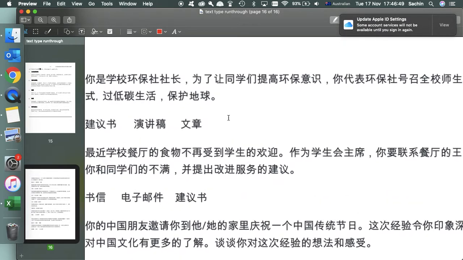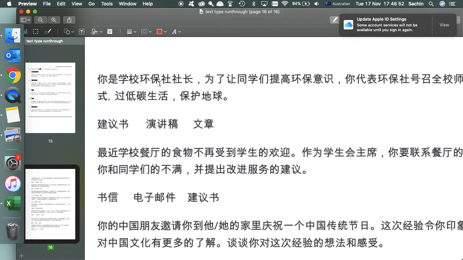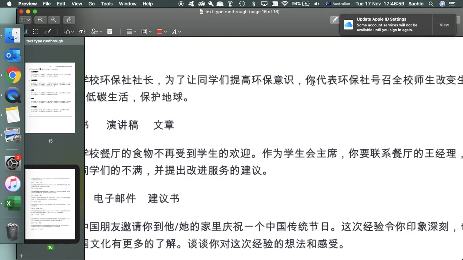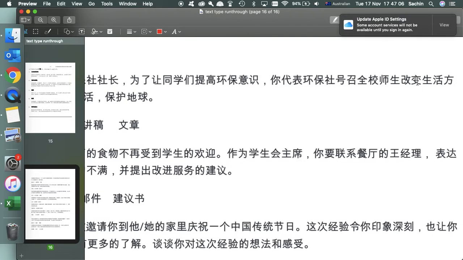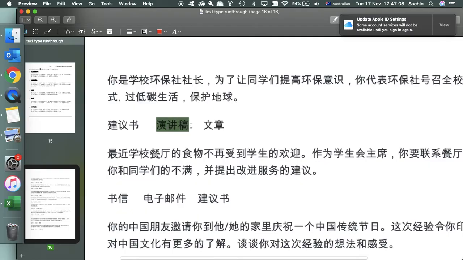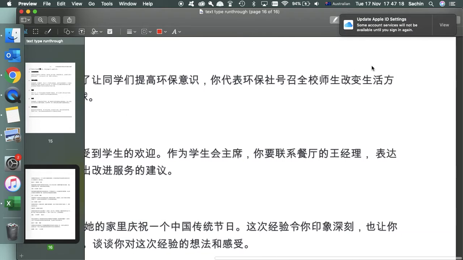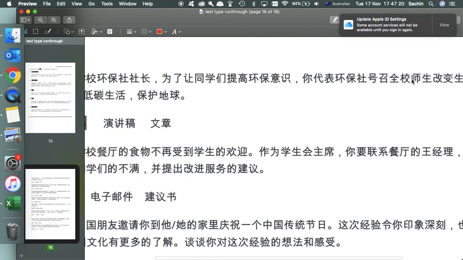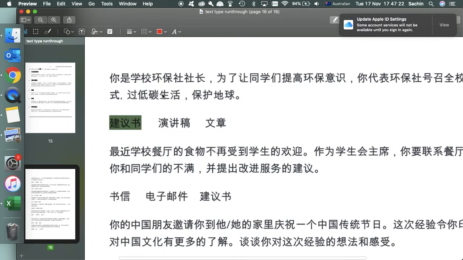So, in this case, you're representing someone or some organization, the environmental protection, and you're rallying to all students and teachers. So normally you'd think this would be one for a speech, right? Wrong. It's actually a 建议书, surprisingly. I got this one wrong, but it's a 建议书 primarily by the fact that in the second part, you're asking them to change their lifestyle and to live a low carbon life.